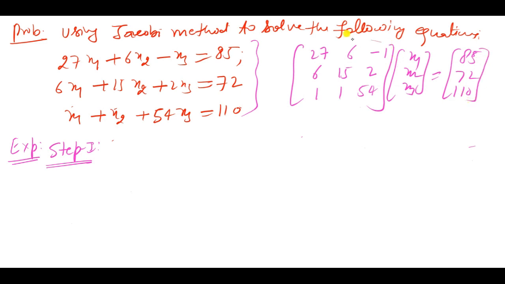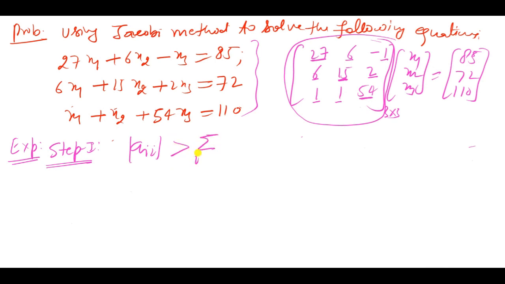This is the coefficient matrix A, and it has the order 3 by 3, with elements A11, A22, A33, A12, A13, A21, A23, A31, A32. The condition for applicability of the Jacobi method is mod of aii should be greater than the summation over j not equal to i of mod of aij.